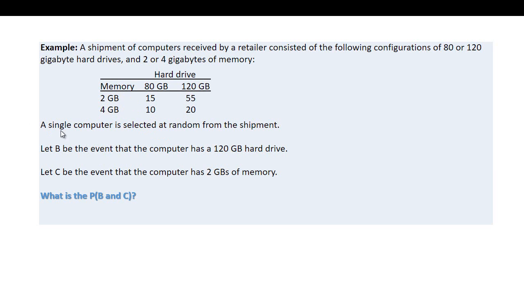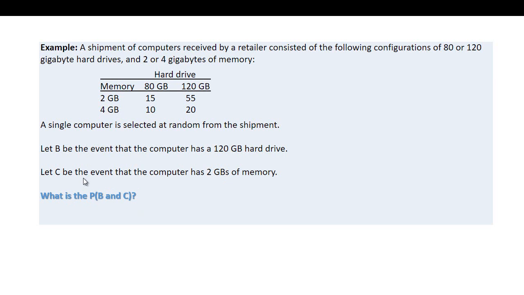A single computer is selected at random from that shipment. B is the event that the computer has a 120 gigabyte hard drive, and C is the event that the computer has 2 gigabytes of memory. What's the probability of B and C?